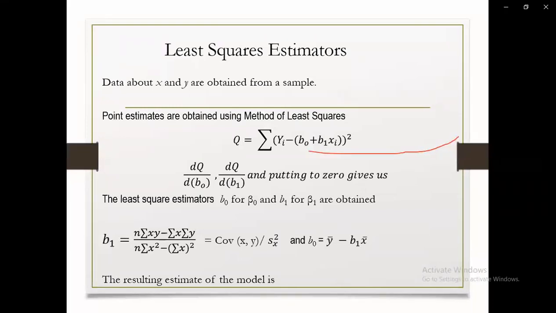Whilst beta naught is y bar minus beta 1 x bar. The resulting model, the output that we generate from your SPSS, is always in the form y estimate equals beta naught plus beta 1 x. So all we need to find is our beta naught and beta 1 to write out the model of the distribution.